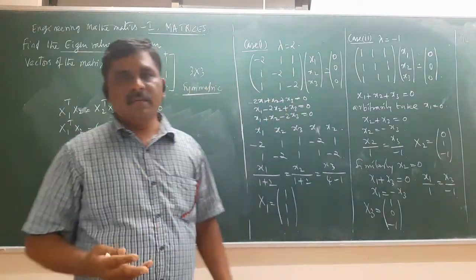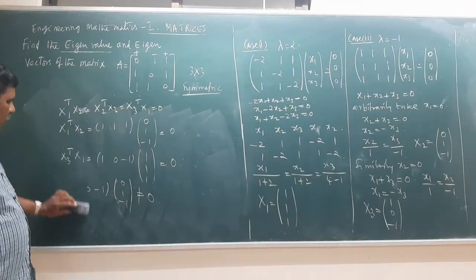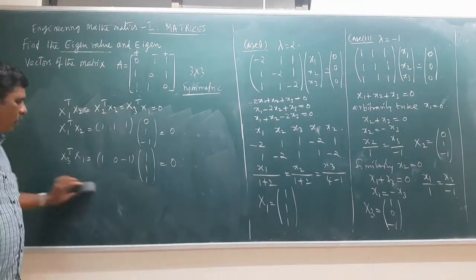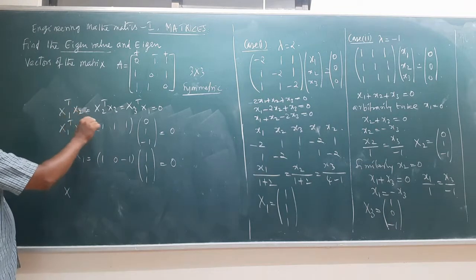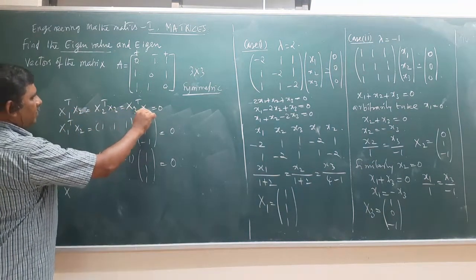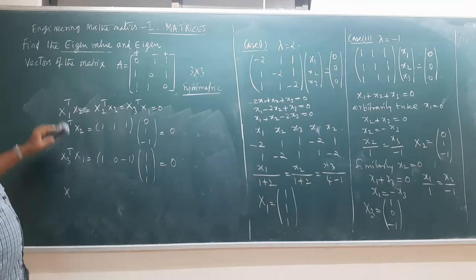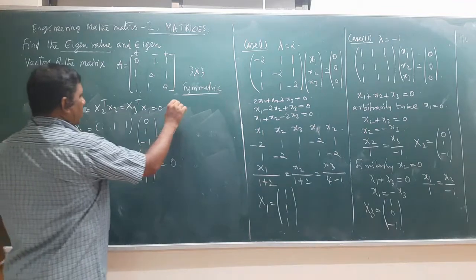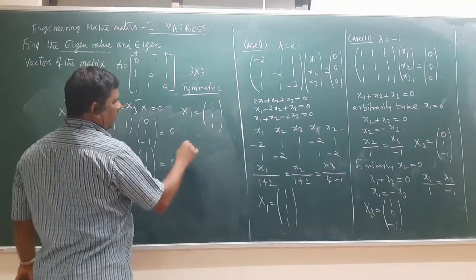How do we find the eigenvector for this? Listen. We know x1 transpose x2, x2 transpose x3, x3 transpose x1. So we take x1 and x2 as they are. x1 equal to 1, 1, 1.